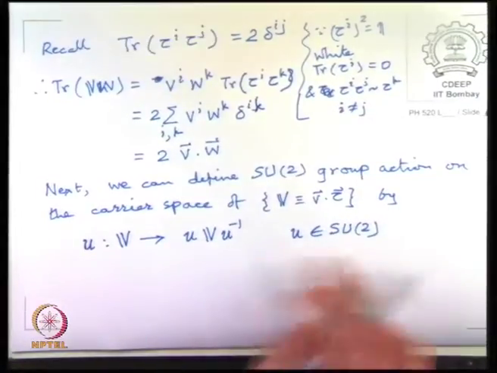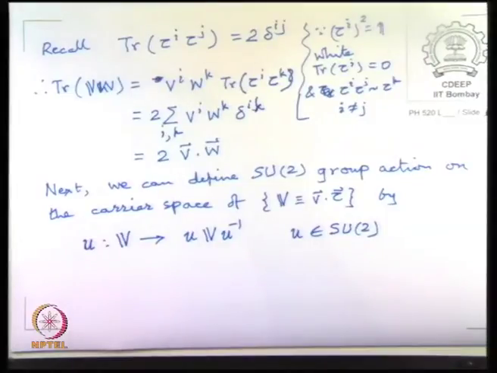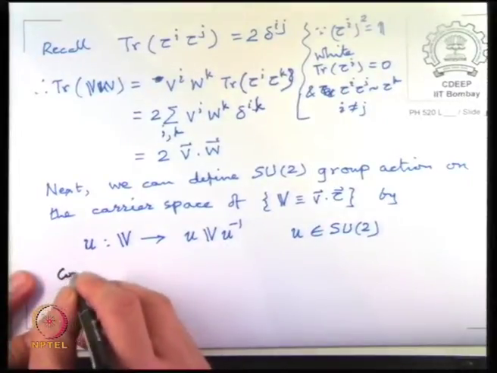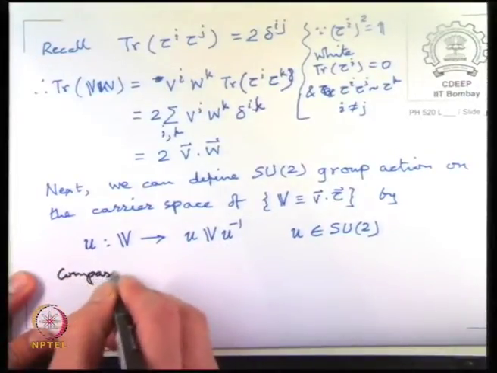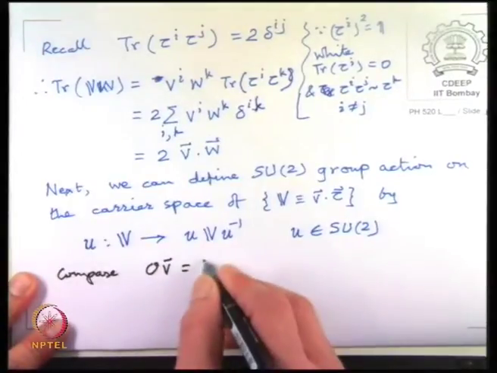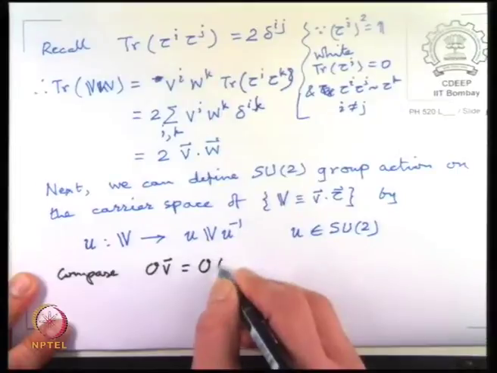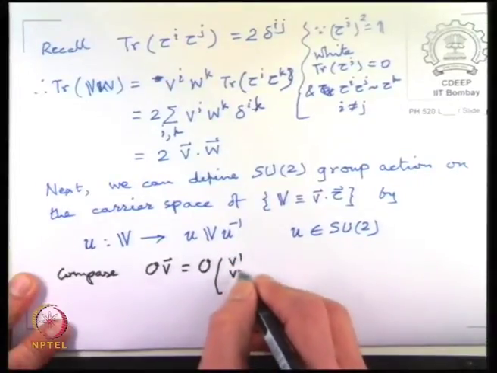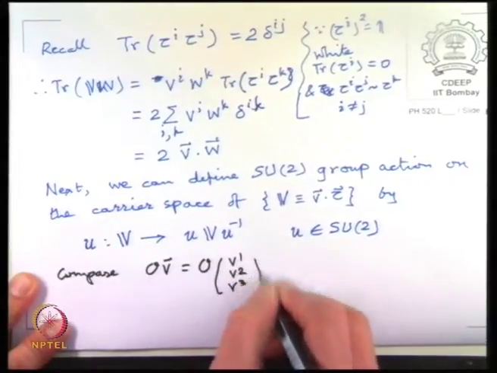So if U belongs to SU2, compare OV equal to O acting on V1, V2, V3 for SO3.